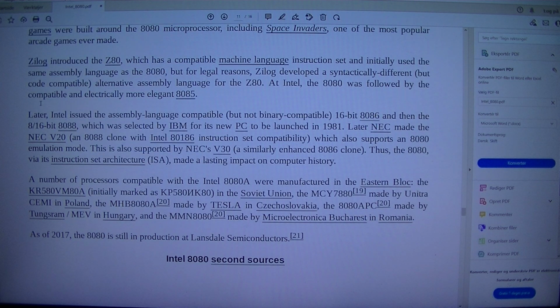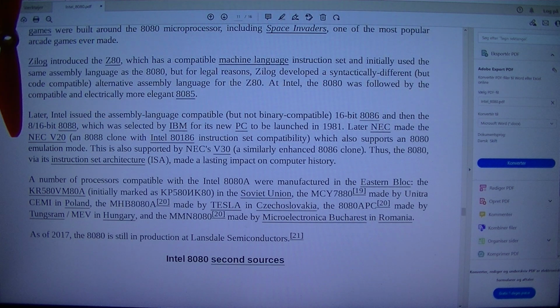Continue. Intel issued the assembly language compatible, but not binary compatible, 16-bit 8086 and then the 8/16-bit 8088, which was selected by IBM for its new PC to be launched in 1981.